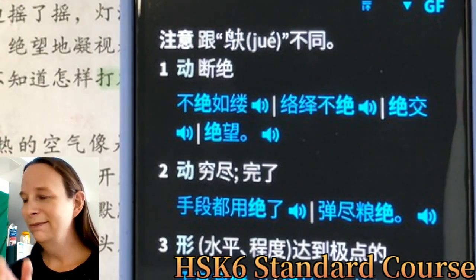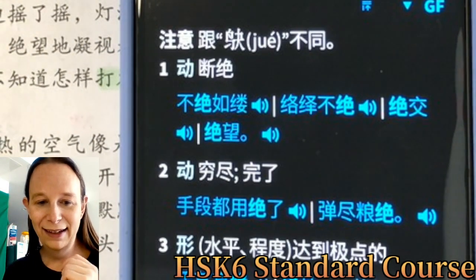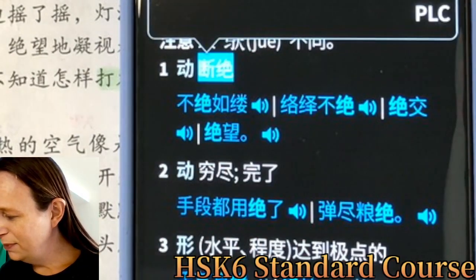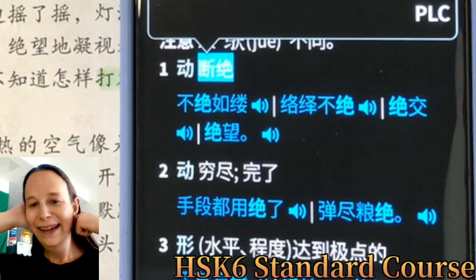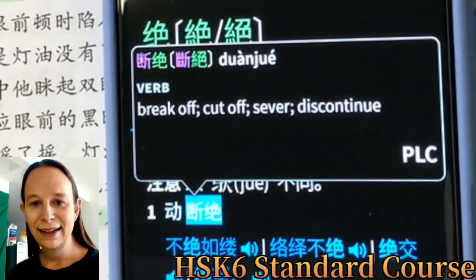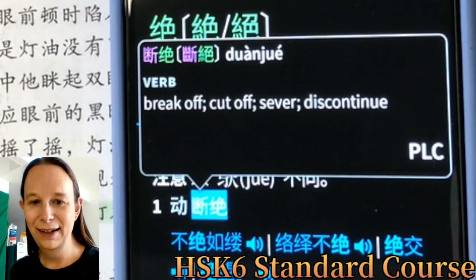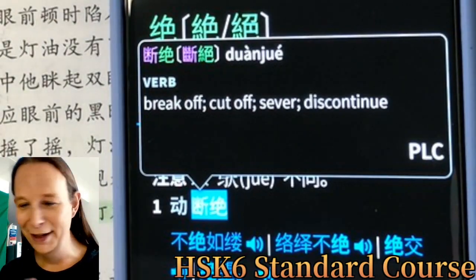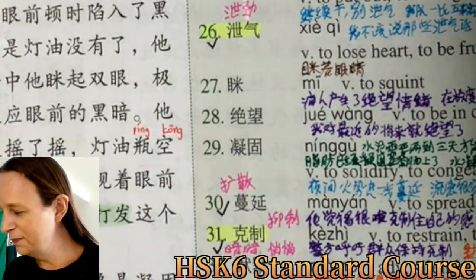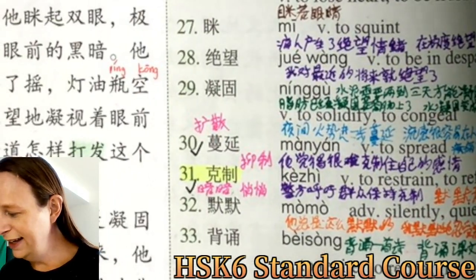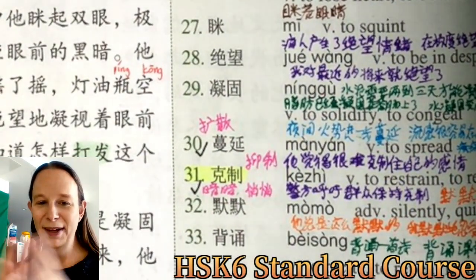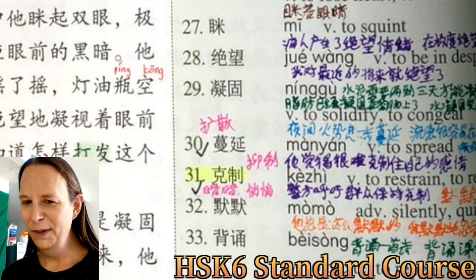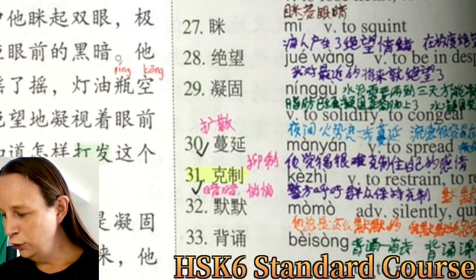Not cut away. Like crack down upon or something. Cut off, severed. Yeah. So sever hope. Your hope has been cut off. No hope for you. All right, 绝望. So your hope has been severed. You don't get hope. All right, next is 凝固.